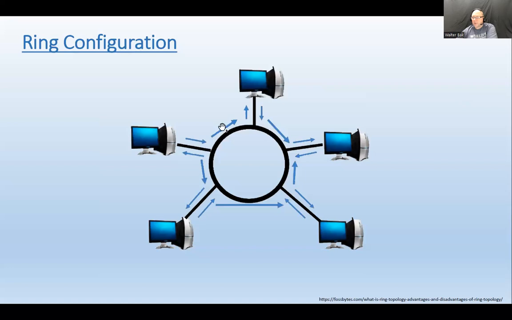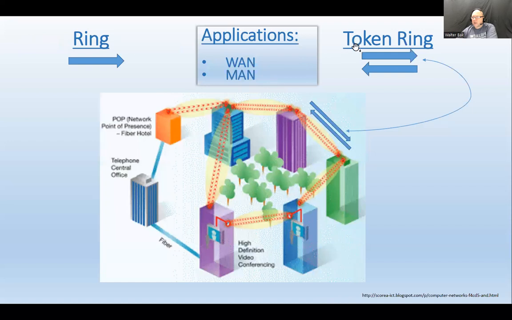So it's a both way type of communication. And instead of ring configuration, we are talking about something that's called a token ring. So here's a ring, data travels only one way, and token ring would be the data is able to travel either way through the ring connection.